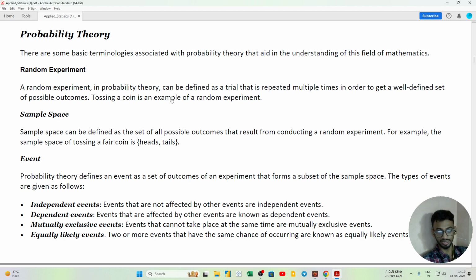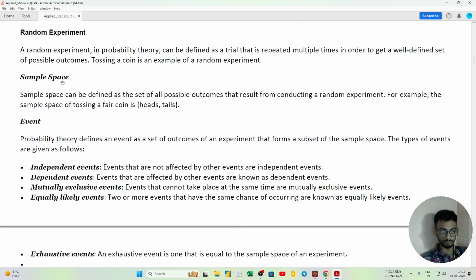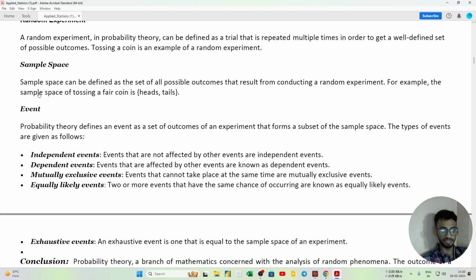Tossing a coin is an example of a random experiment, rolling a dice is an example, and tossing two coins at the same time is also a random experiment. Sample space is the set of all possible outcomes that result from conducting a random experiment. For example, the sample space of tossing a fair coin is head and tail.